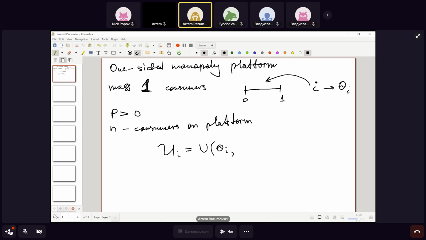And this depends on the number of consumers which are already on the market. If you join Facebook, it will be important for you how many people you can connect with there. And then you need to pay the price. So then we need to subtract the price.